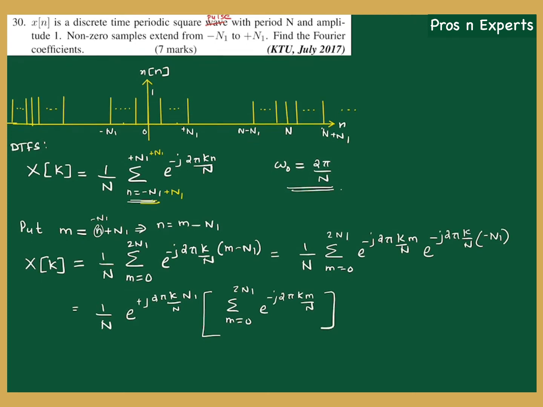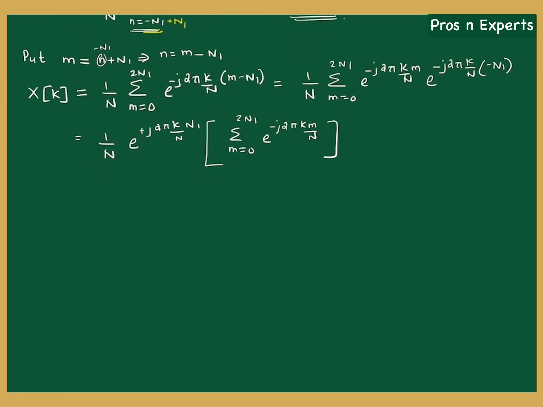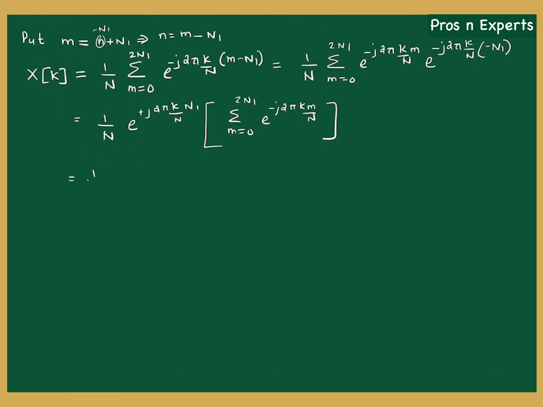Okay, now the only method left before us is to expand the summation, which will give you 1 by n e raised to j2 pi k n1 by n into, if you put m equal to 0, you will end up with 1, plus if you put m equal to 1, this results in e raised to minus j2 pi k by n into 1, plus next is m equal to 2, you will get e raised to minus j2 pi k by n into 2, plus etc. And what is the last term?